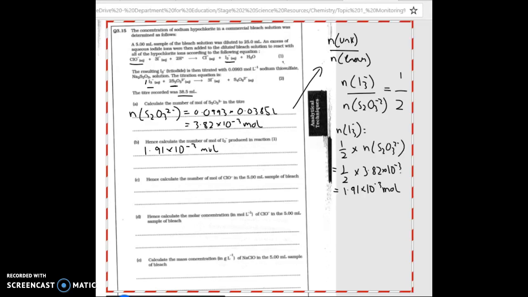Therefore, it's a 1-to-1 ratio, so the ClO is going to be the same: 1.91 times 10 to the minus 3 moles.